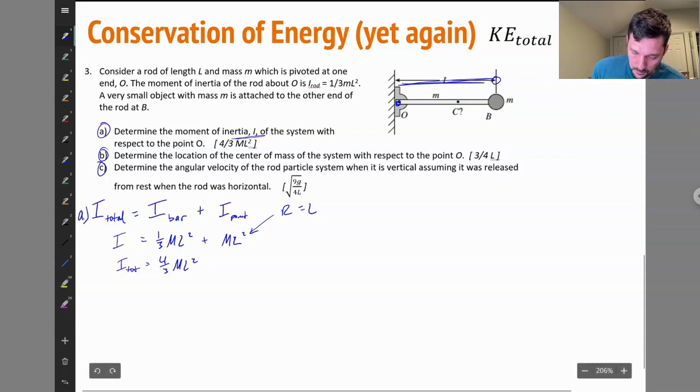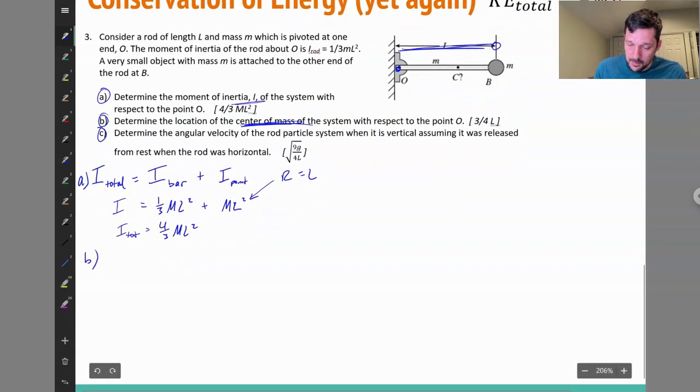Part B. Determine the location of the center of mass. Why do we need to know the center of mass? Well, let's think about an object, say like a pendulum, a perfect pendulum with a massless string, released from horizontal.